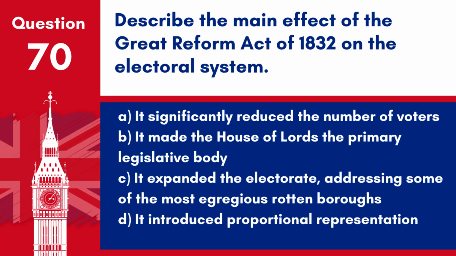D. It introduced proportional representation. Answer. C. It expanded the electorate, addressing some of the most egregious rotten boroughs. The Great Reform Act of 1832 made significant changes to the British electoral system, expanding the electorate by redistributing seats from less populated areas to burgeoning industrial towns and cities.